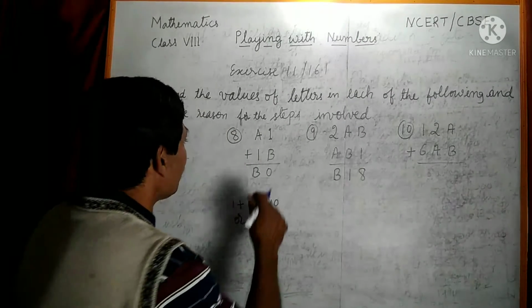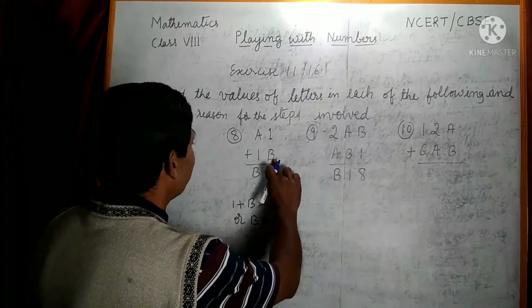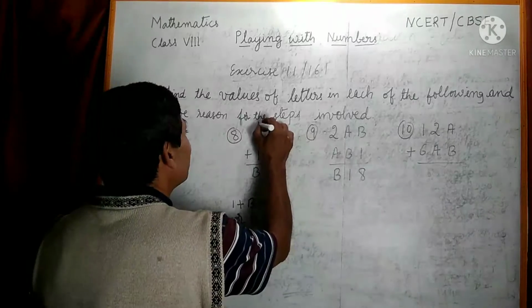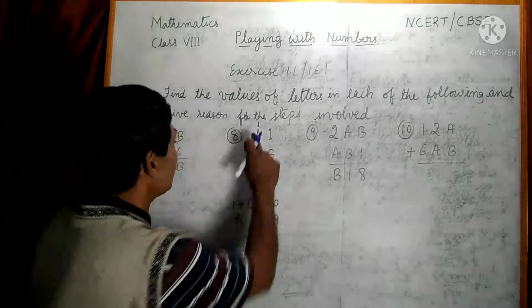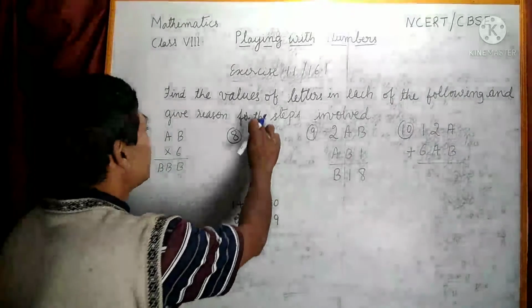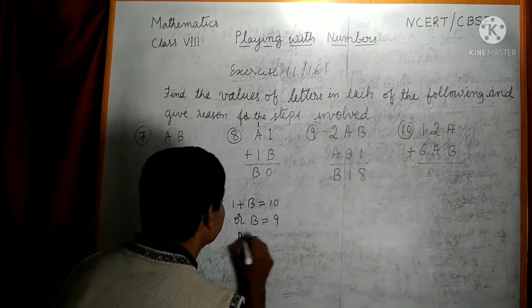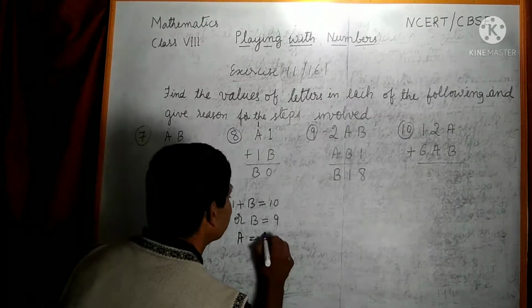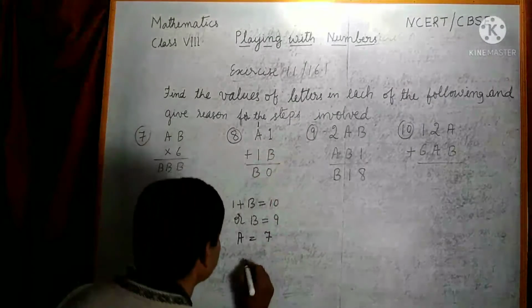So when we take B is equal to 9, there will be one carryover. And A should be, B is 9, 9 minus 1 plus 1, 2. So A should be 7.